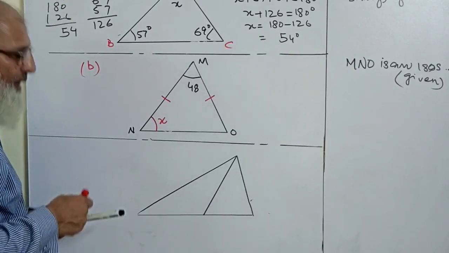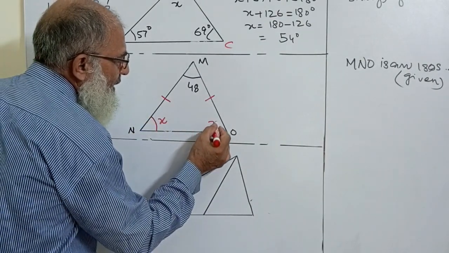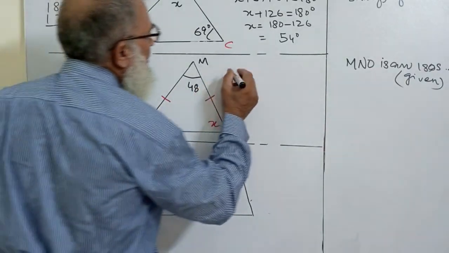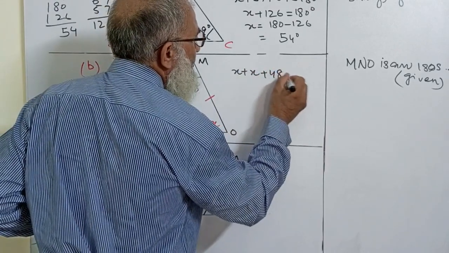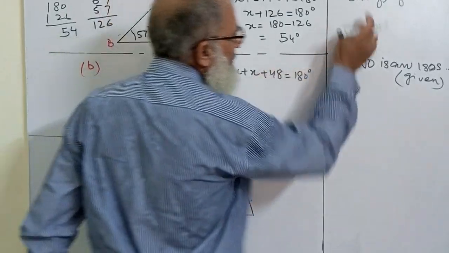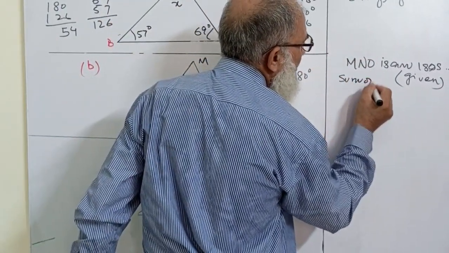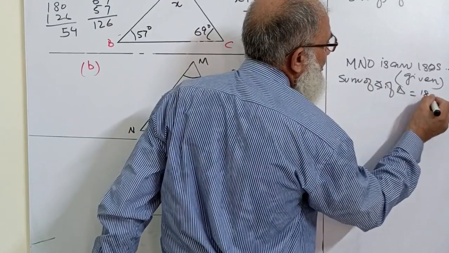So it is very easy to say that if this is x, then this is also x. So we can write x plus x plus 48 is equal to 180 degree. Again the reason will be the same: sum of angles of triangle is equal to 180 degree.